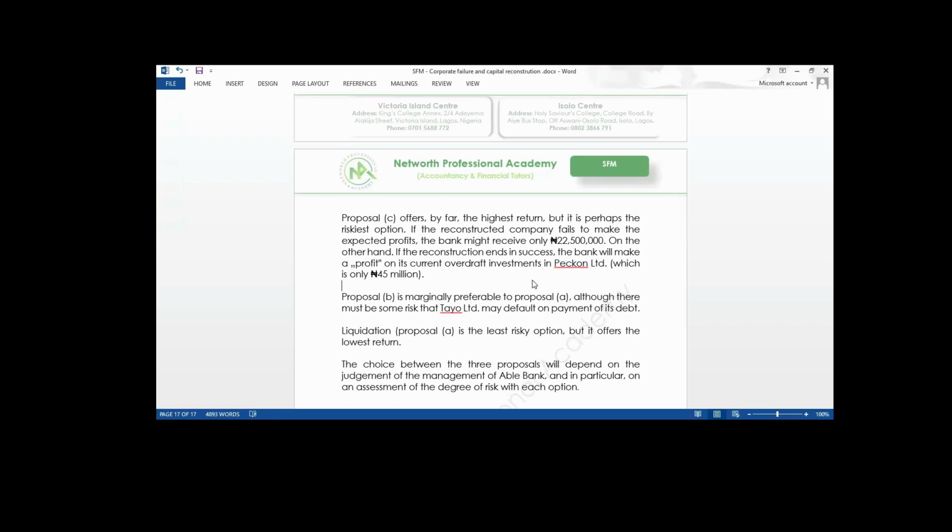If the reconstructed company fails to make the expected profits, the bank might only receive 22.5 million naira. On the other hand, if the reconstruction ends in success, the bank will make a profit on its current overdraft investments.